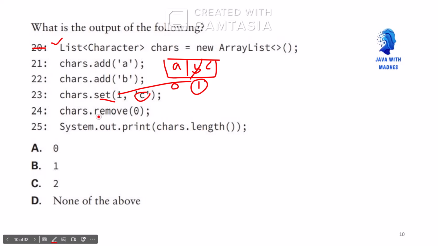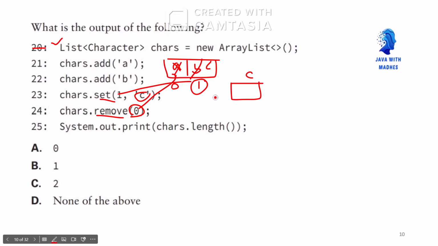Then this remove function will remove the value in the index 0. So according to this line, the compiler will remove the value of A. Right now, in our list, we are having only one element C.